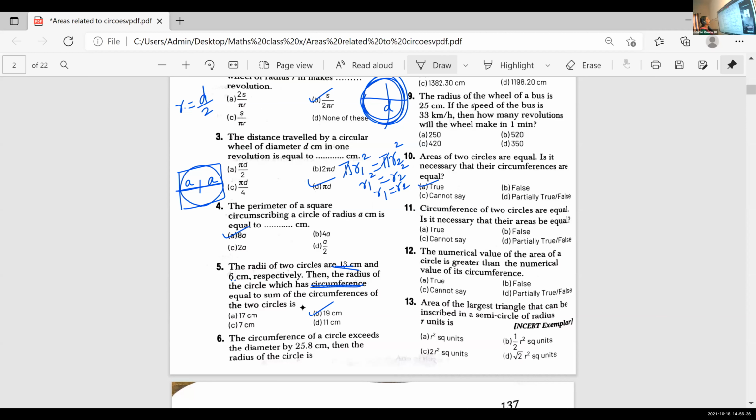Okay. Look at the next one, children. Listen to the 13th question. The area of the largest triangle that can be inscribed in a semicircle of radius r is.